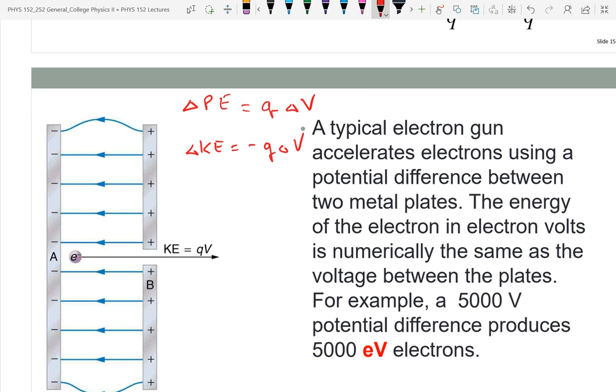So I don't have to pull out the calculator. We can do the calculations real quick to convert the energy gained or lost by going through a voltage difference in units of electron volts. So that's why we use it.